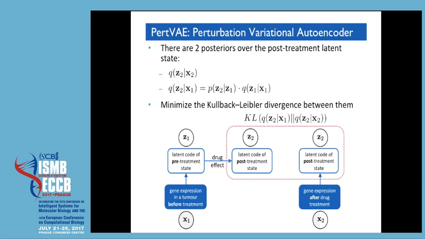And we train the model to match these two posteriors, and we add another KL term into the objective of the model. So this way the model is basically a one-step recurrent model.